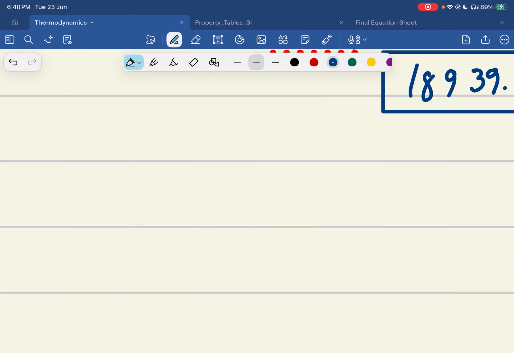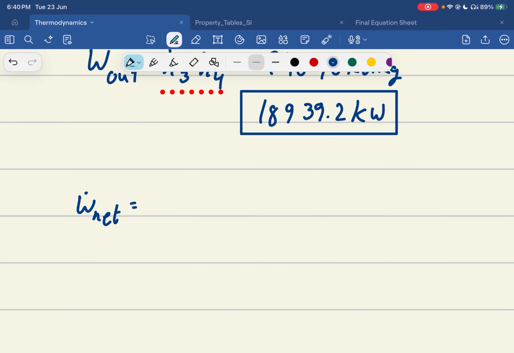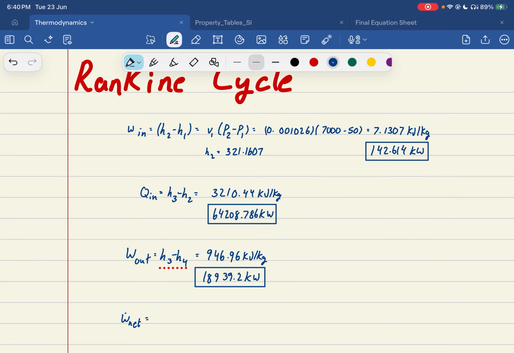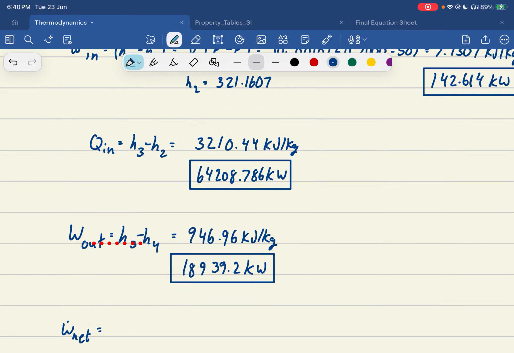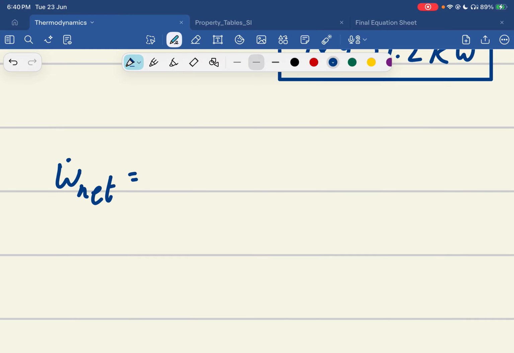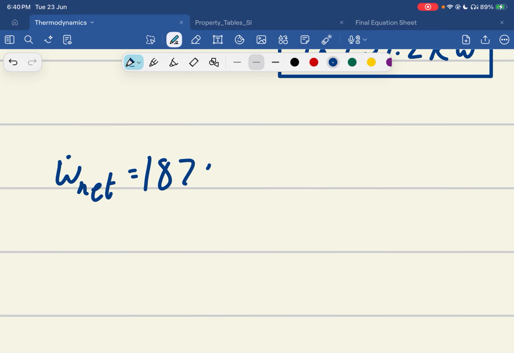That's how much work out, and then work net out is the difference, so minus 142.614. So it's 18796.586 kilowatts.